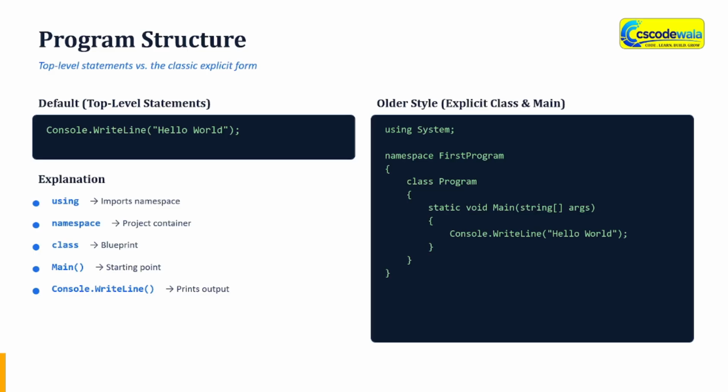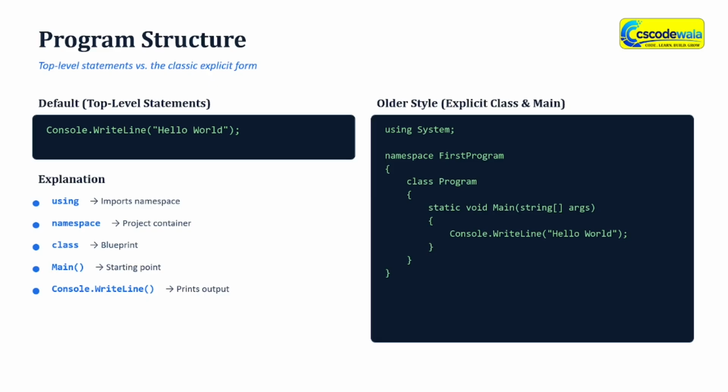So the Main method and class are hidden in top-level statements, but in the older style we write them. Without the Main method, your Program.cs code is not executed. Why?